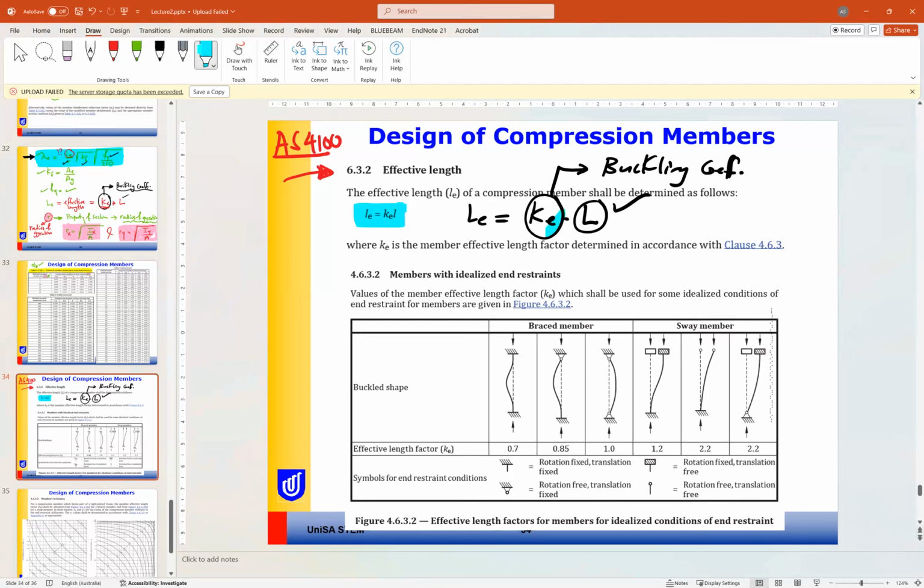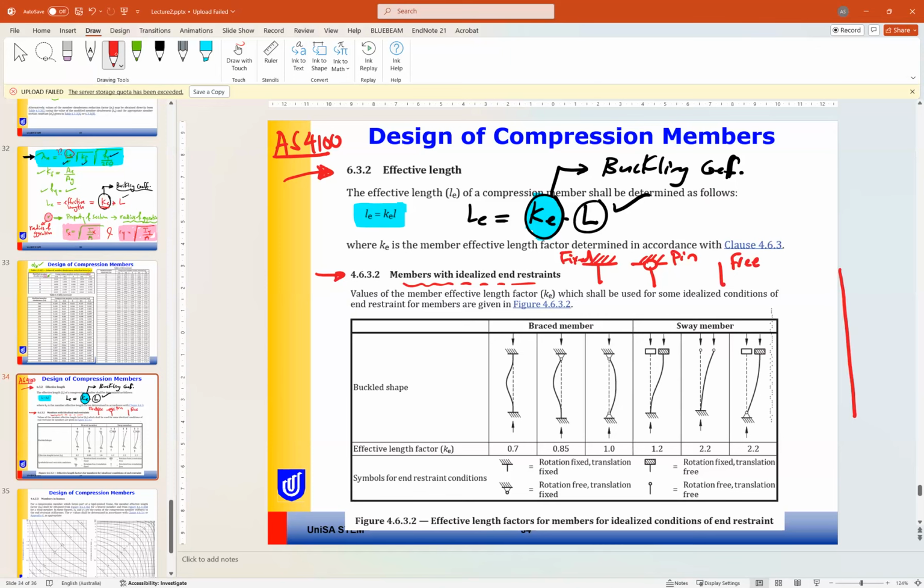So how to find this buckling coefficient? Using two methods. The first method is the theoretical method, where we consider the member has idealized end restraints. The idealized restraints are the normal supports: pin supports, fixed support, or free, or partially fixed or partially hinged.